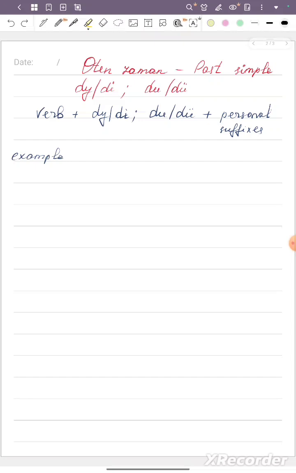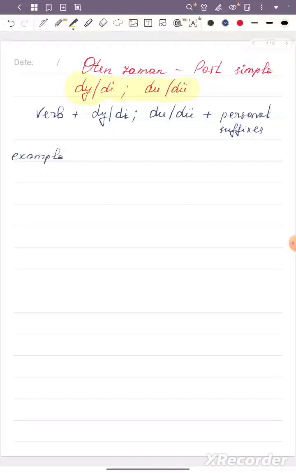In order to make the past simple, we need to use these suffixes di and do. The structure of making the past simple is really easy, and you can learn it easily.